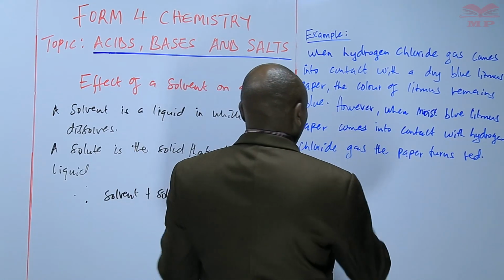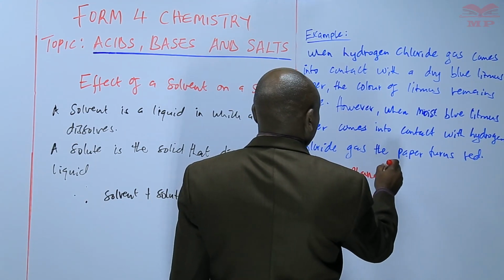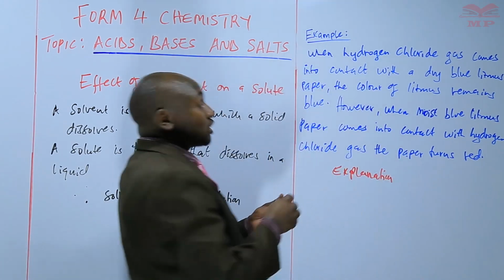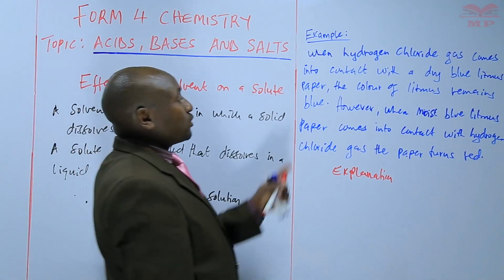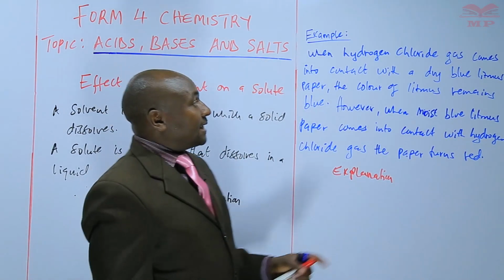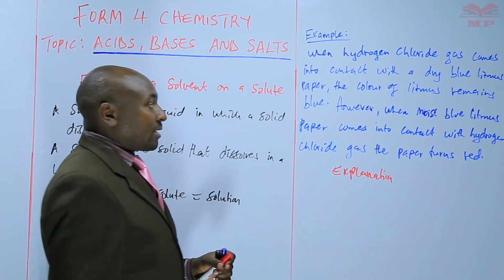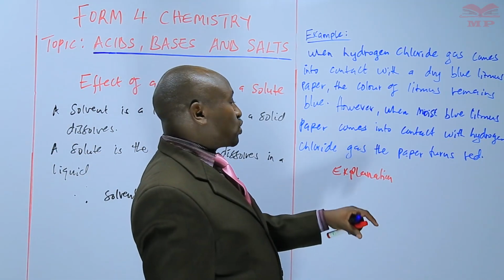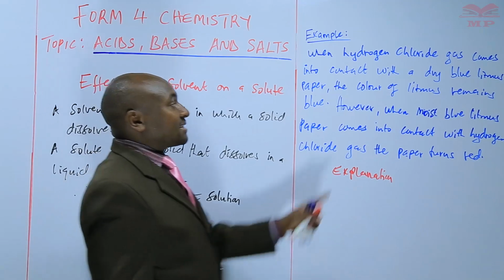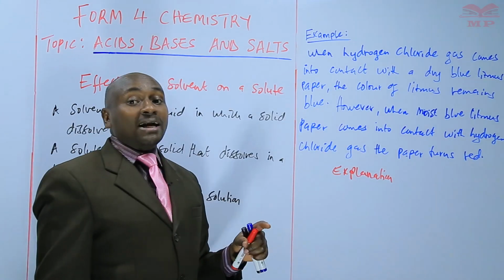So we can have an explanation for this. When hydrogen chloride gas comes into contact with moist blue litmus paper, it dissolves to form an acidic solution, and that acidic solution is the one that turns the blue litmus paper red. But the dry litmus paper and the hydrogen chloride gas do not form an acidic solution.